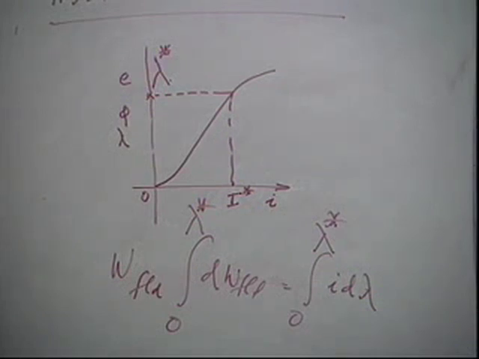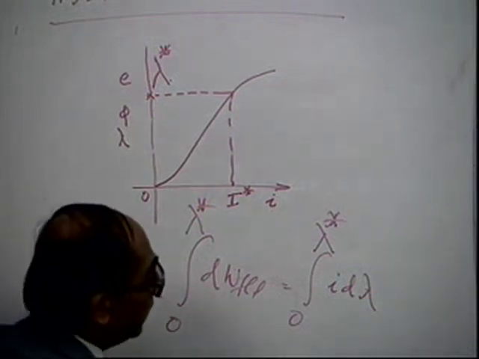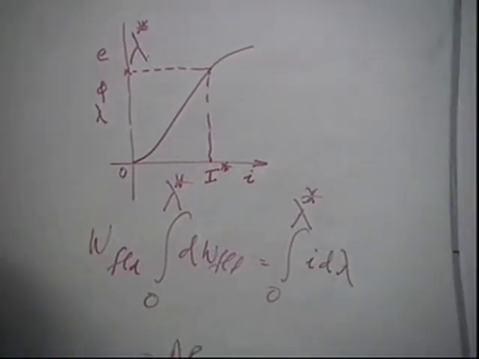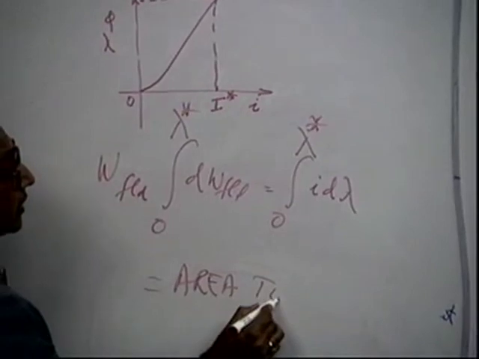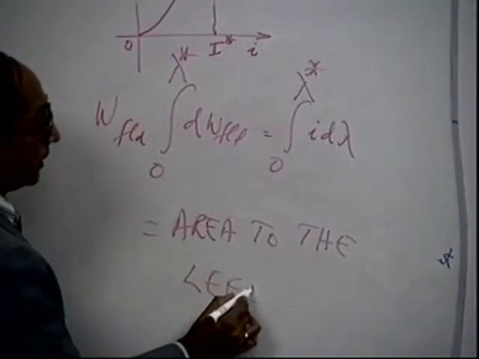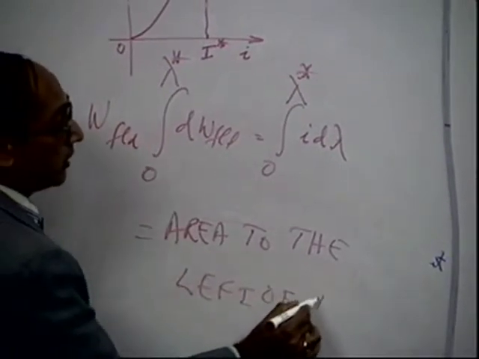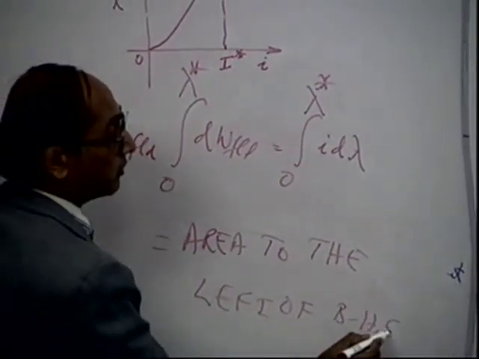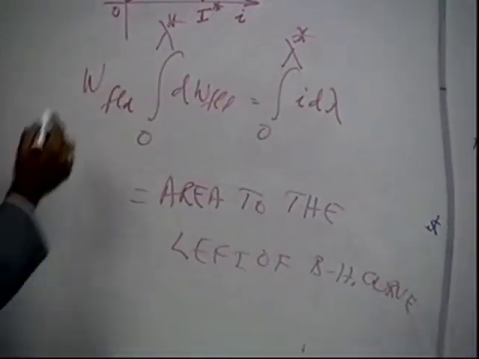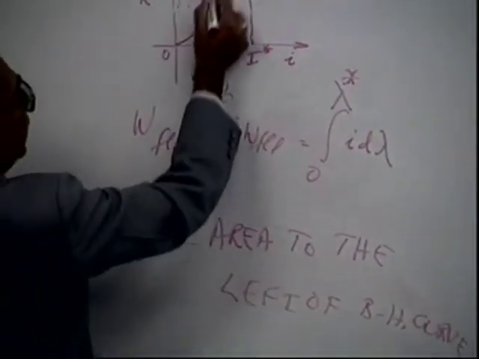This is the area to the left of the BH curve. This is also a sort of a magnetization curve. So this is the stored energy.